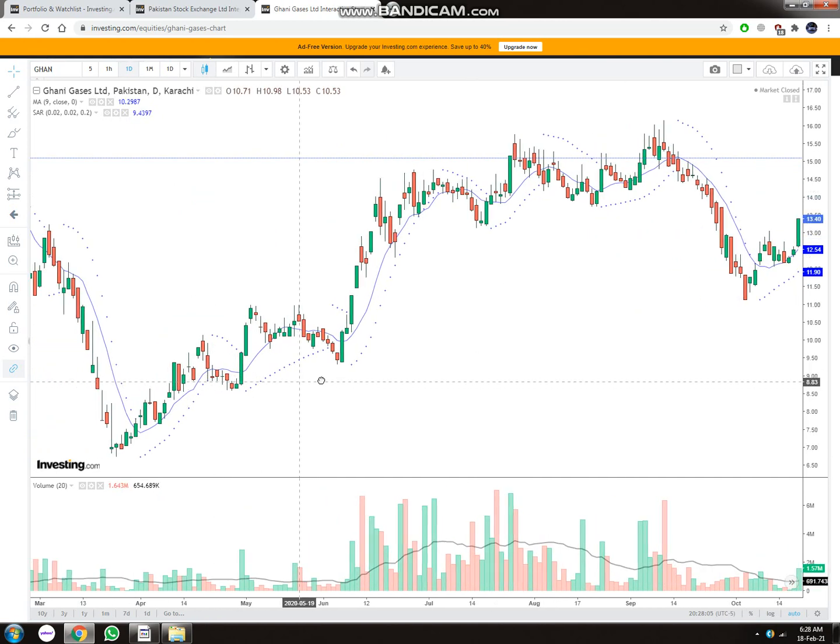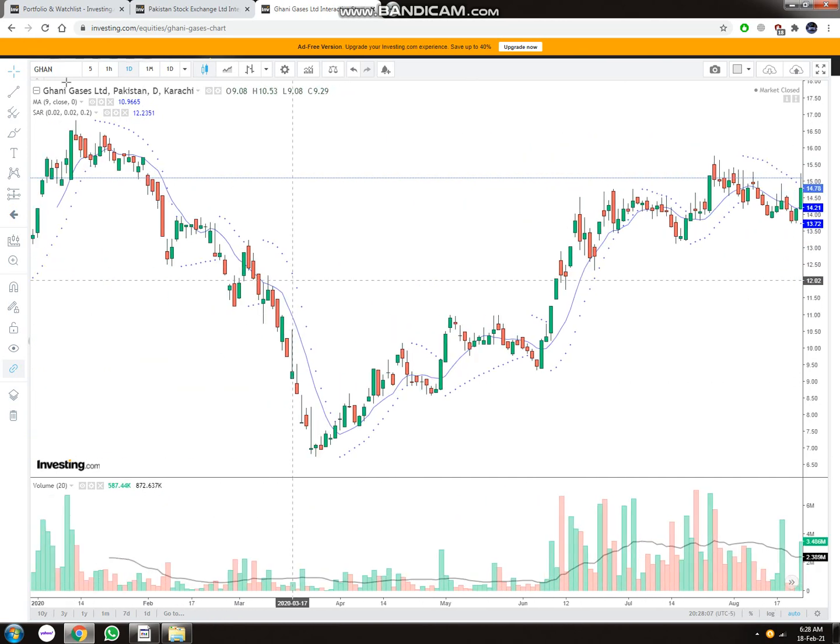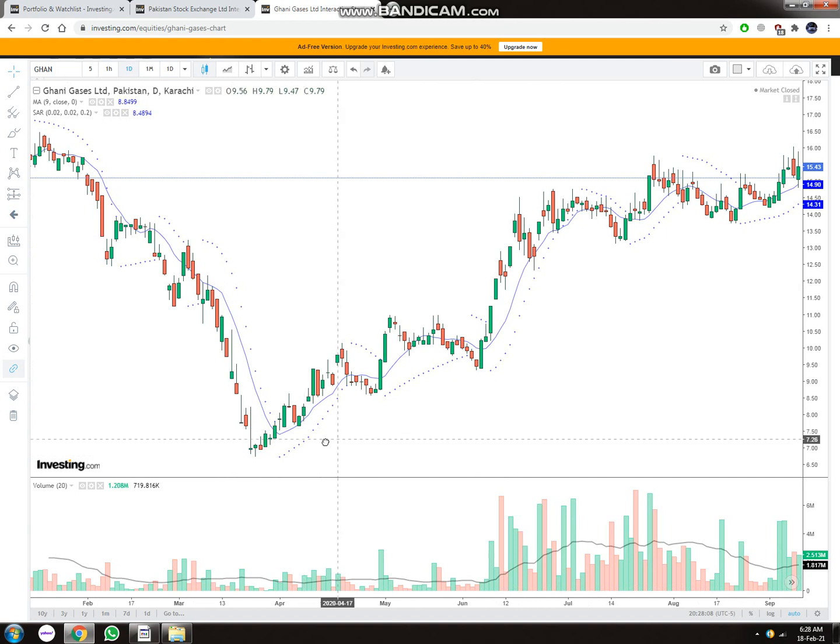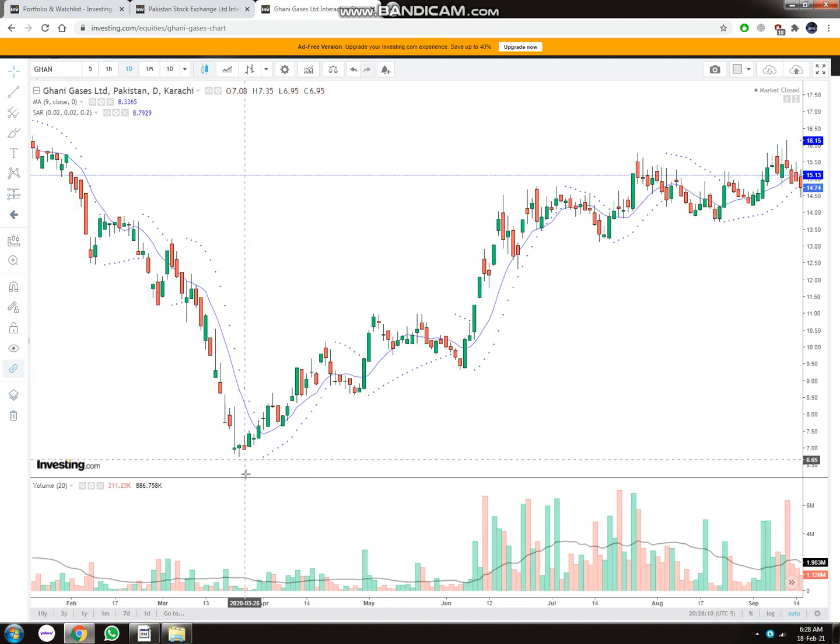I will take this area from the beginning, this one here. As I've told you, whenever these types of signs occur at the bottoms, it means that the trend is going to change its direction. If it's a downtrend, it is going to change to an uptrend. If it's an uptrend, it is going to change to a downtrend.